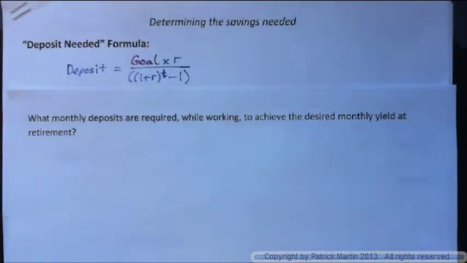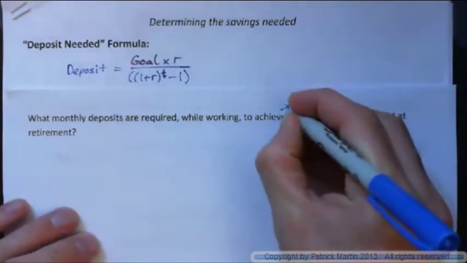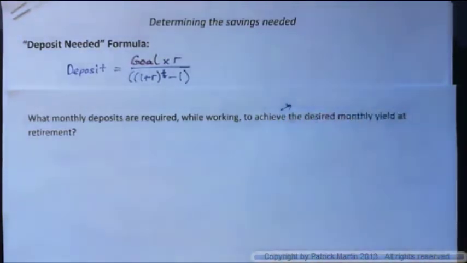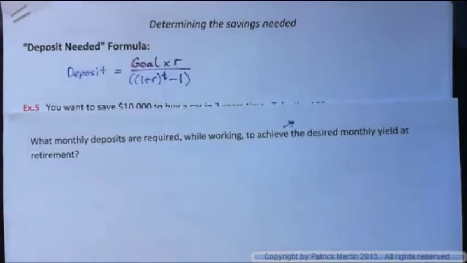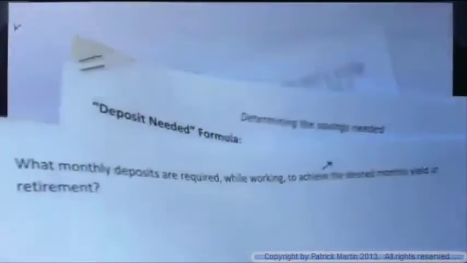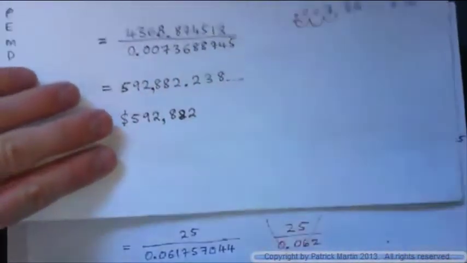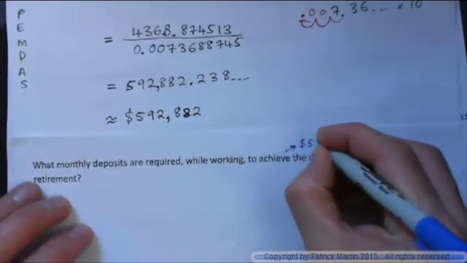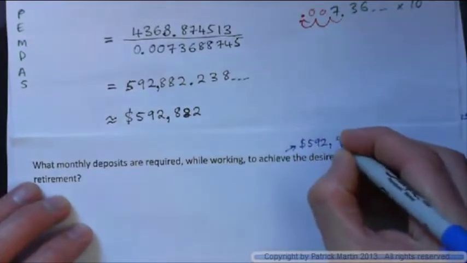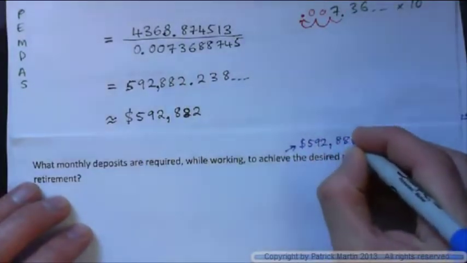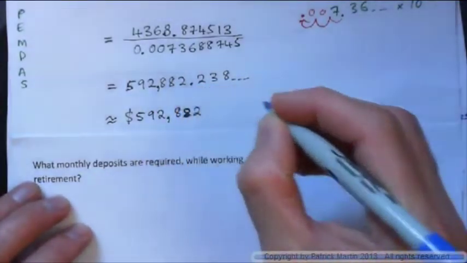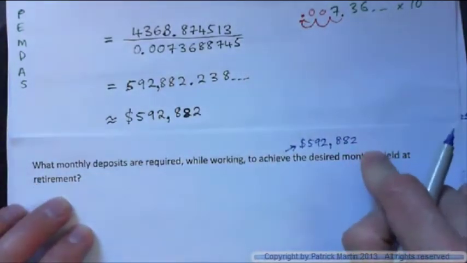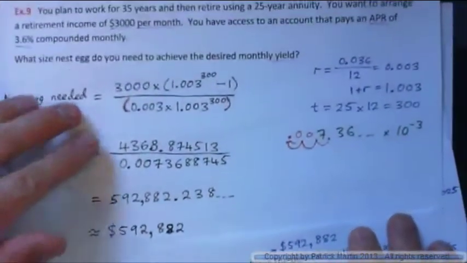In other words, what we want to achieve is, what's that big number we just calculated? This is what we want to achieve, $592,882.